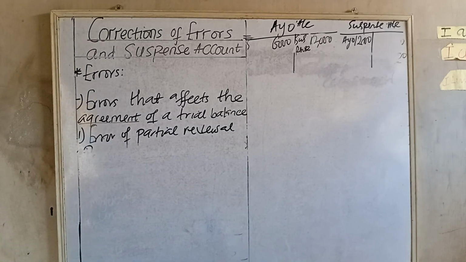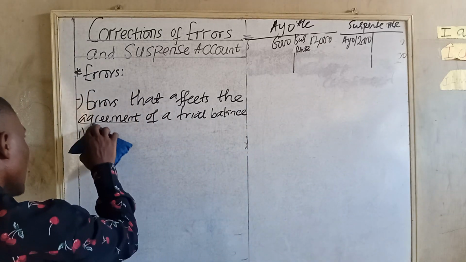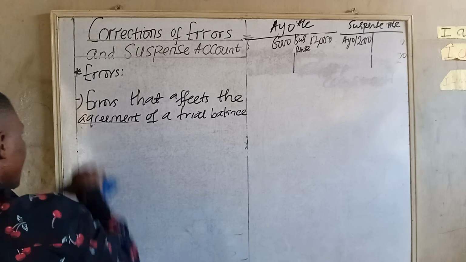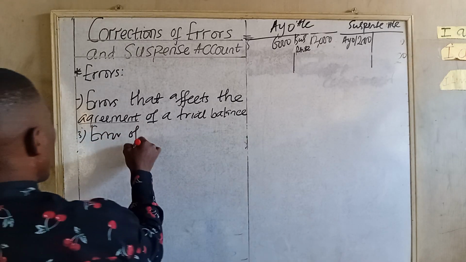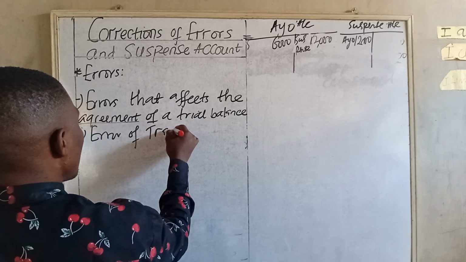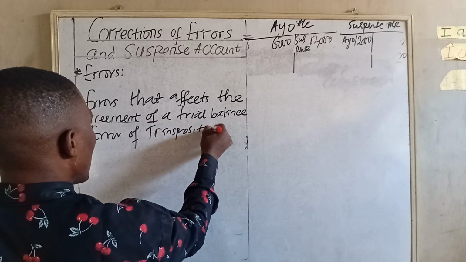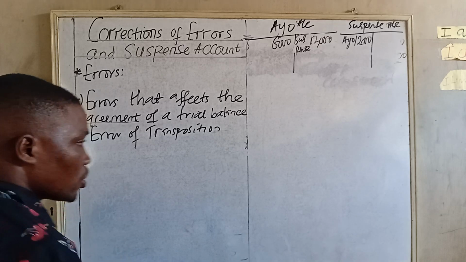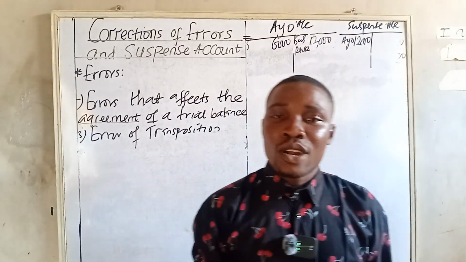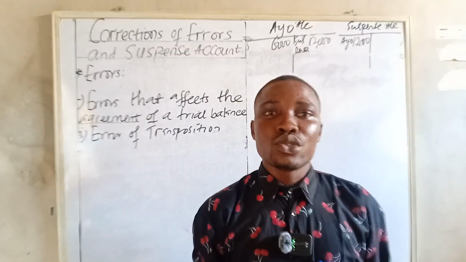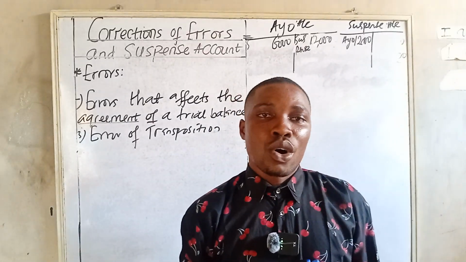The third error that we'll be looking at here, we call it the error of transposition. Error of transposition is an error that occurs when you just change the position of the figure.